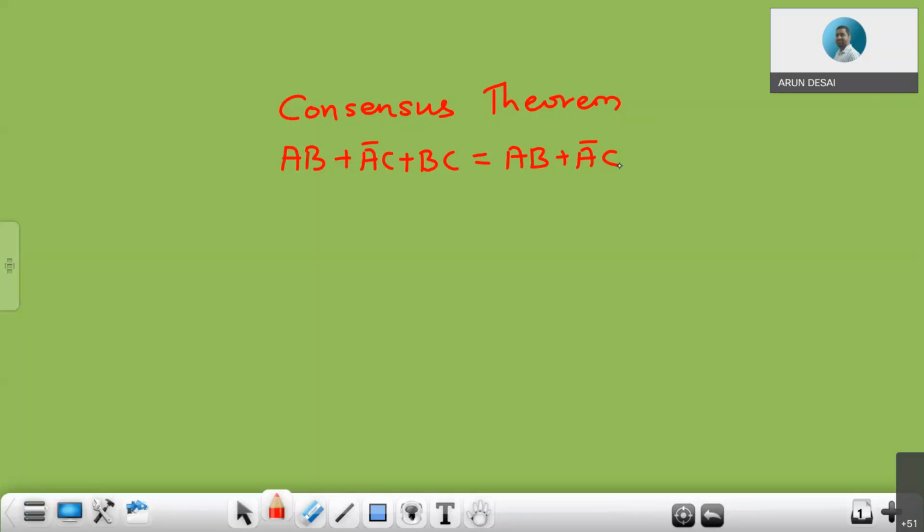Just try to solve this expression with the logic of your normal algebra, whatever you learned in this Boolean algebra. To solve this, whichever side has the longer term, you take that side to solve.